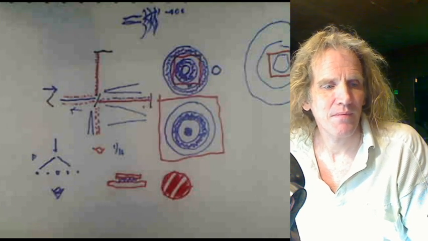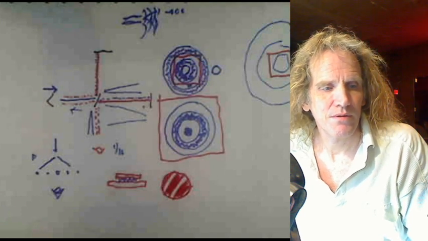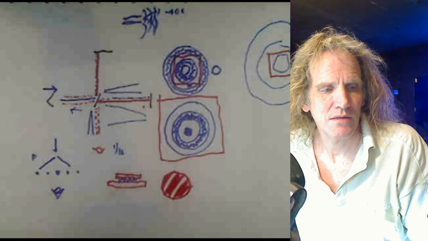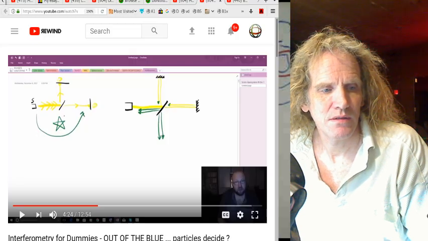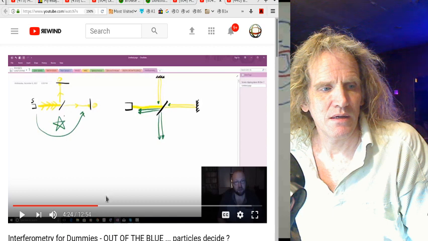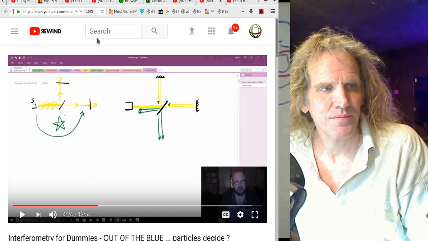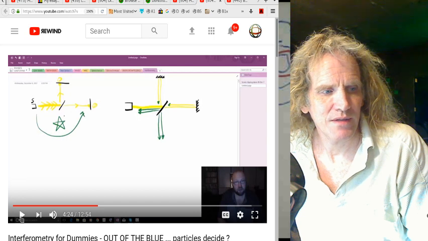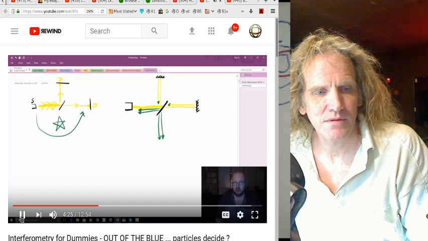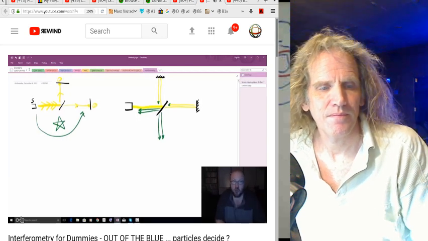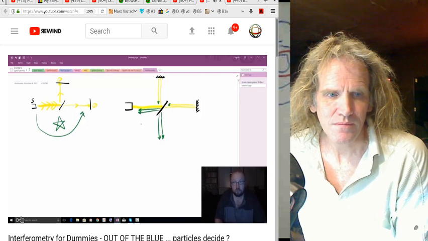So anyway, back to the crappy video. I think this is the right one. Well, I could show you the other thing first. Well, I'll show that later. Just an example of refraction, that it works both ways, so to speak.